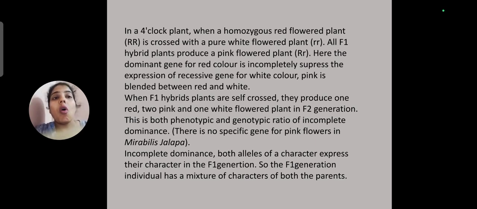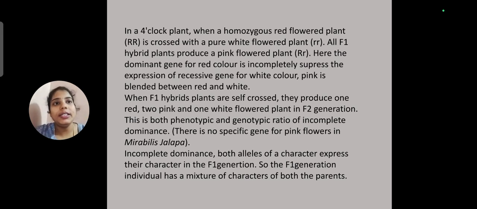All the hybrid plants produce pink color flowers. This is the actual result in the F1 hybrid: the red flower plant crossed with the pure white flower plant gives all pink flower plants. So what occurs here?